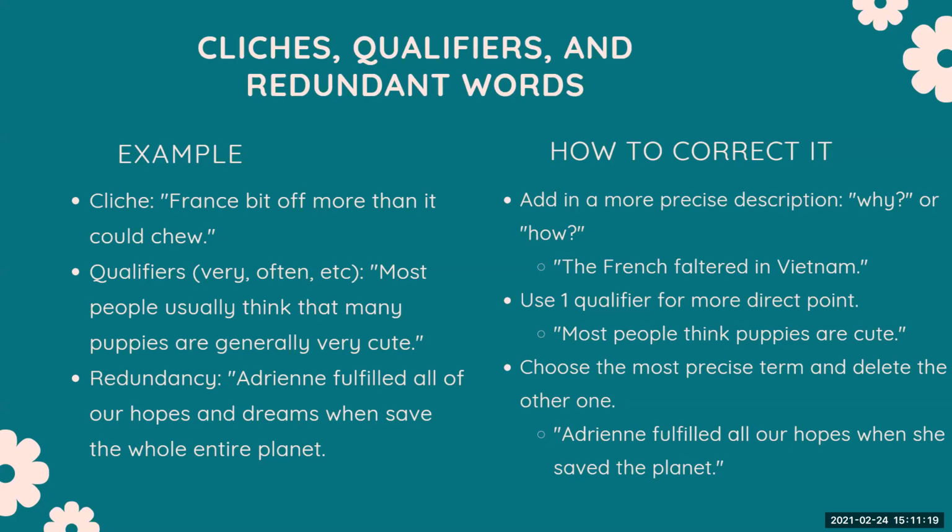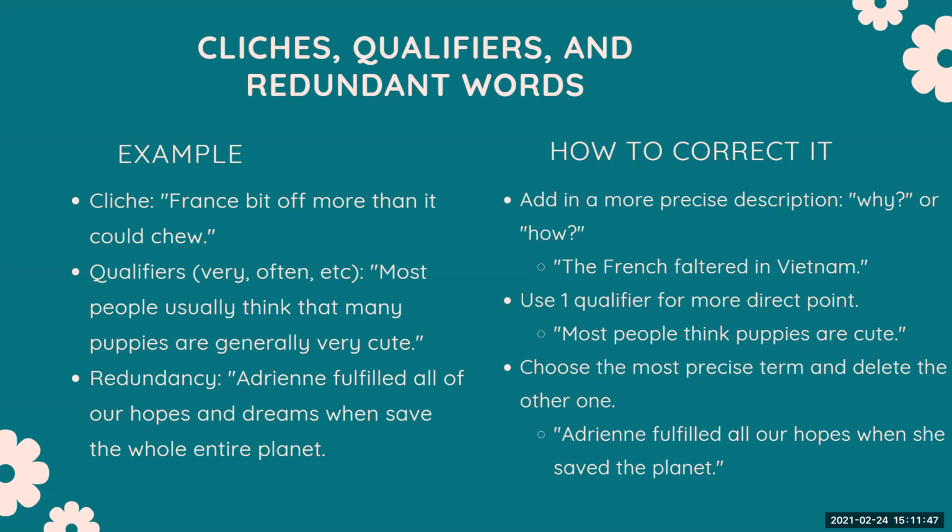Qualifiers sometimes take that away. So an example of a sentence that is using a lot of qualifiers is "Most people usually think that many puppies are generally very cute." The words most, generally, very, many, all of those are qualifiers, and they are adding one too many adverbs to the sentence.